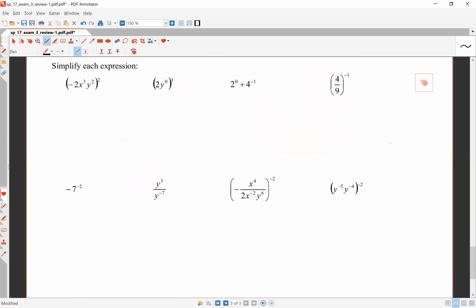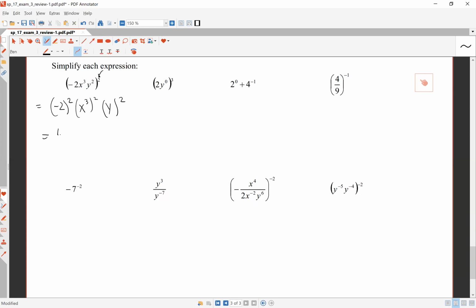Next examples, next problems. These are our properties of exponents. When we have an exponent on the outside, we distribute it to each of these factors. Negative 2 squared, x cubed squared, and y squared squared.